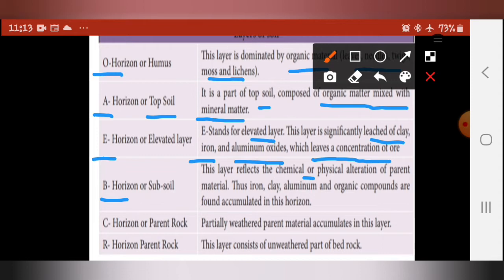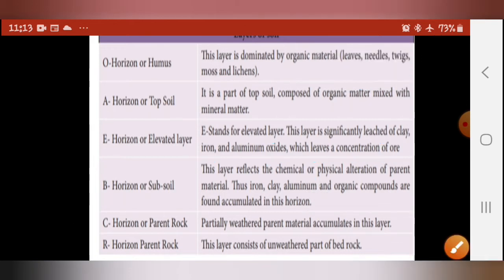Thus, iron, clay, aluminum and organic components are found accumulated in this horizon. Next, C stands for horizon or parent rock. Partially weathered parent material accumulates in this layer. R, horizon parent rock. This layer consists of unweathered bedrock.